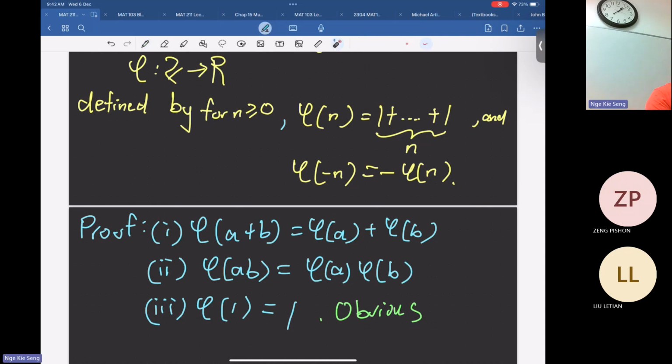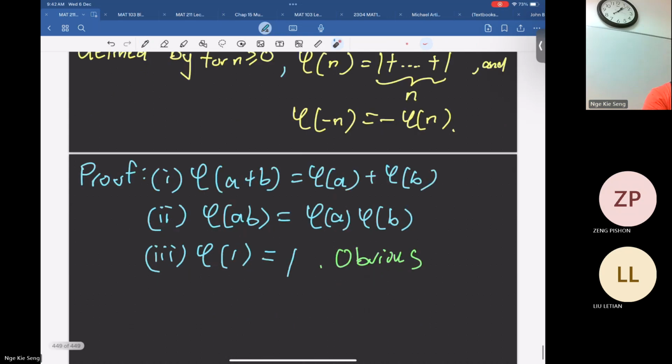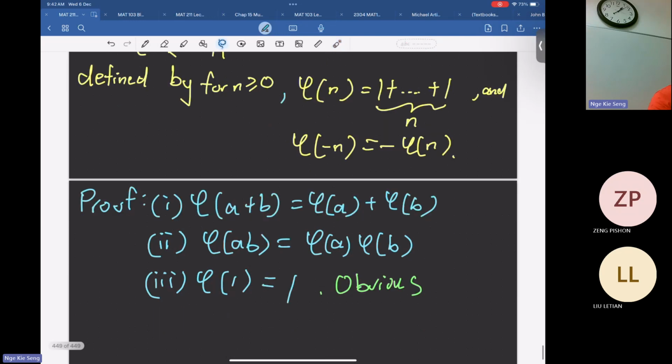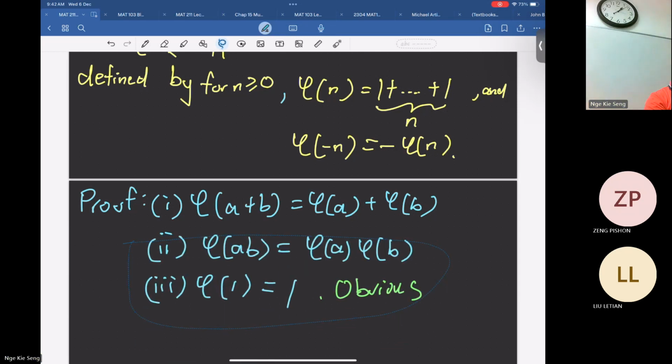I give you two integers. Why can I split it? Associativity, correct, because of the associativity in your ring. But how about negative numbers? Do you need to deal with negative numbers?